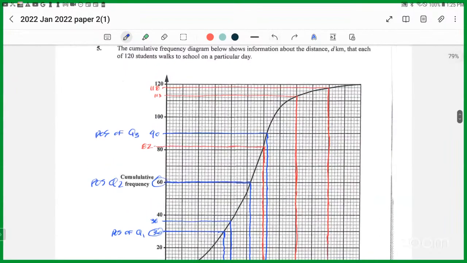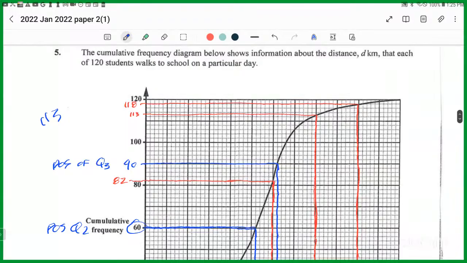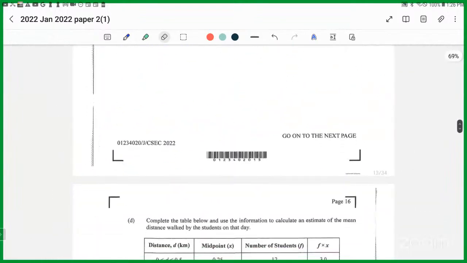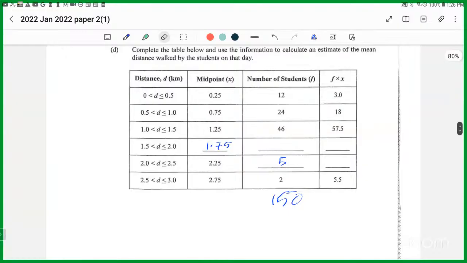That interval is 113 up here, minus 82 down here, so that's 31. That interval is 31. Inside there is an interval of 31. 113 minus 82. In the table, right here is 31.